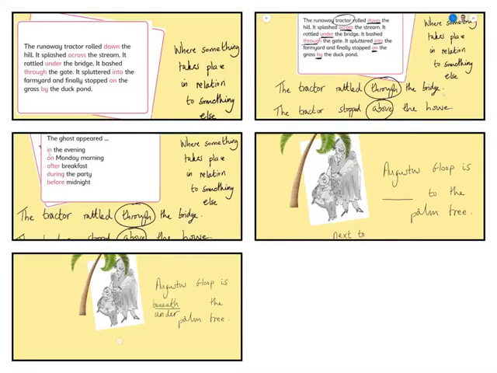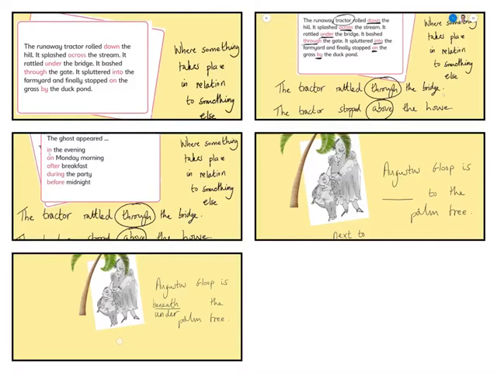Okay, this thing over here is a palm tree. Oh no, it didn't disappear. It's still there. Good. At the minute, Augustus Gloop is next to or beside the palm tree.